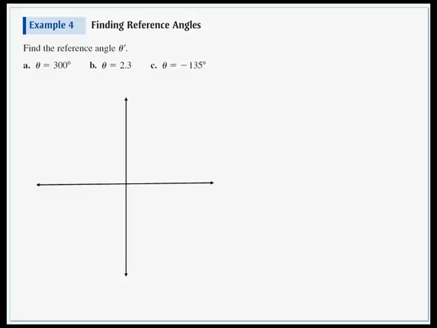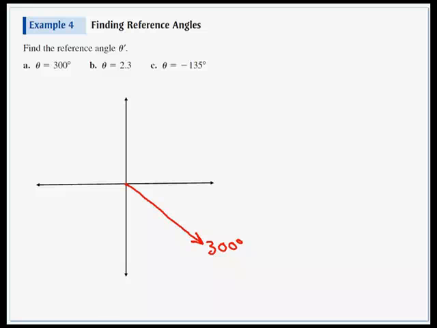And here in example 4, we're going to find some of these reference angles. So part A, theta is 300 degrees. First let's do a little sketch of it. If we start here on our initial side, we'd have a 90 degree angle, 180, 270. The full circle would be 360, so that would be a little far. So we know we're somewhere here in the 4th quadrant.